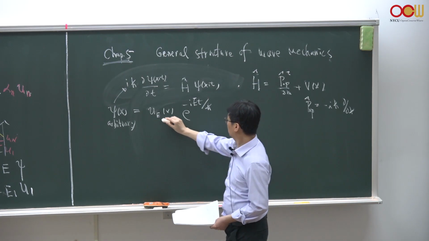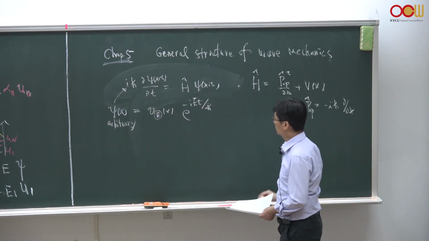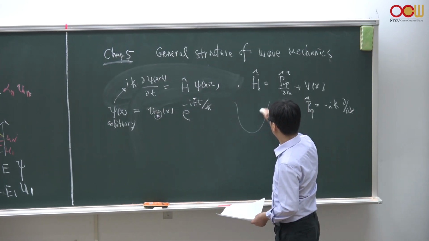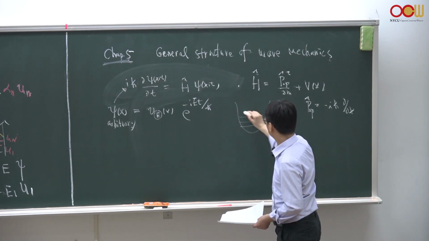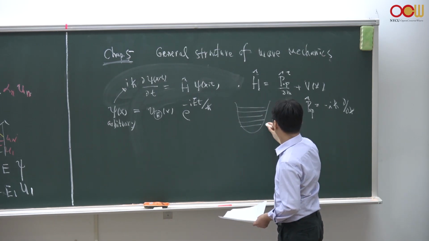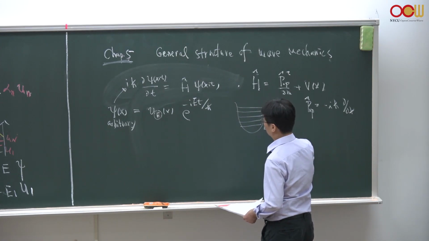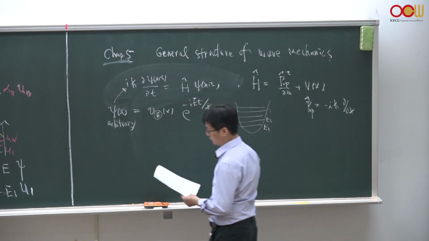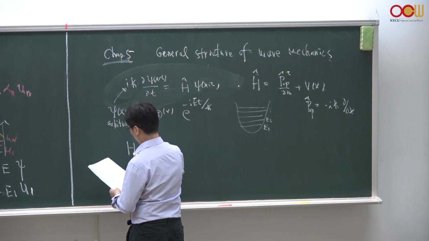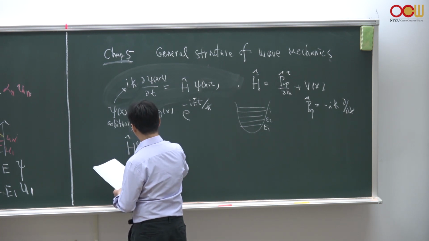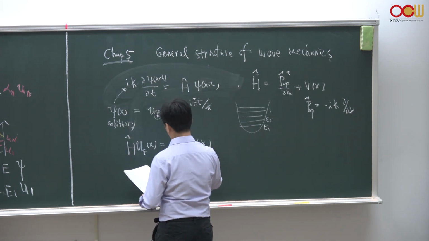And this E is the general eigenenergy in this problem, so E could be any eigenstate. This is E1 and E2 and so on. So in general, you must solve this time-independent Schrödinger equation like this.